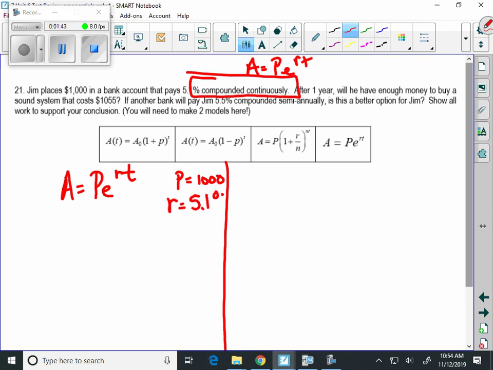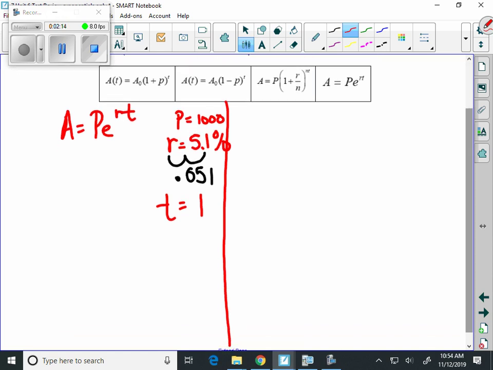And 5.1%, when we move our decimal 2 spaces to the left, our rate's going to be 0.051. That's the percent written as a decimal. And then the other information, it says after 1 year. So our time is going to be 1 year here. We want to know if we have enough money.